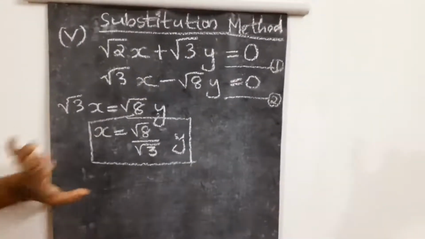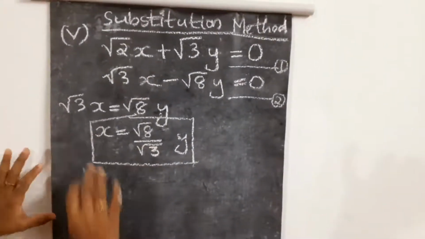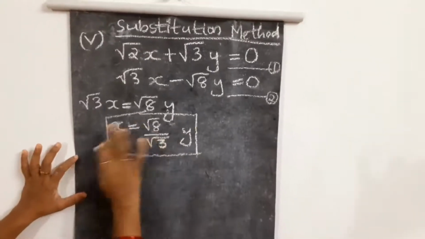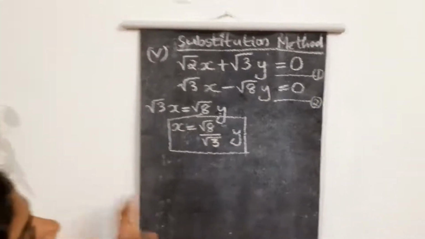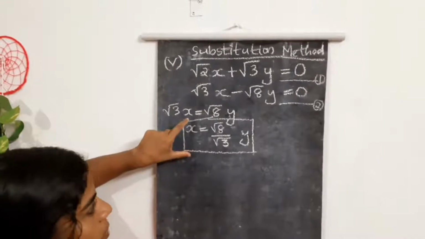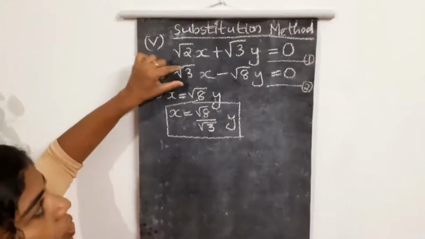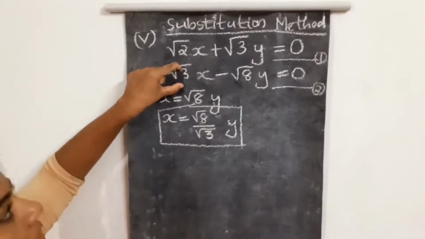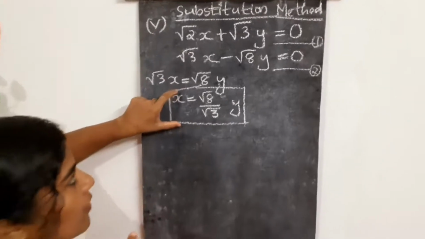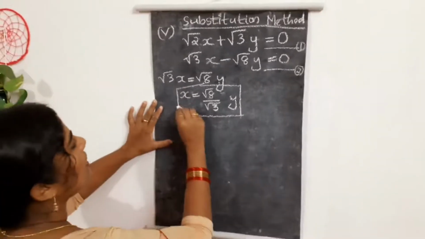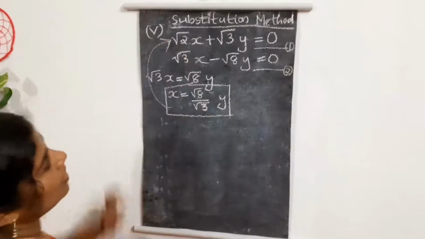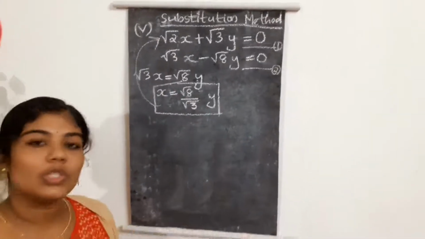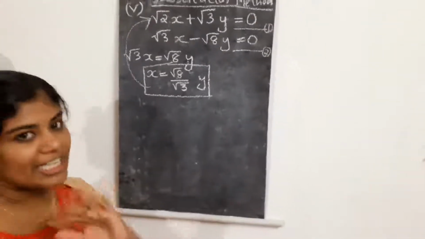I noted that in a rectangle: x equal to root 8 by root 3 y. And now substituting this value of x in our equation 1, that we are going to do next. So let's see how it will come.